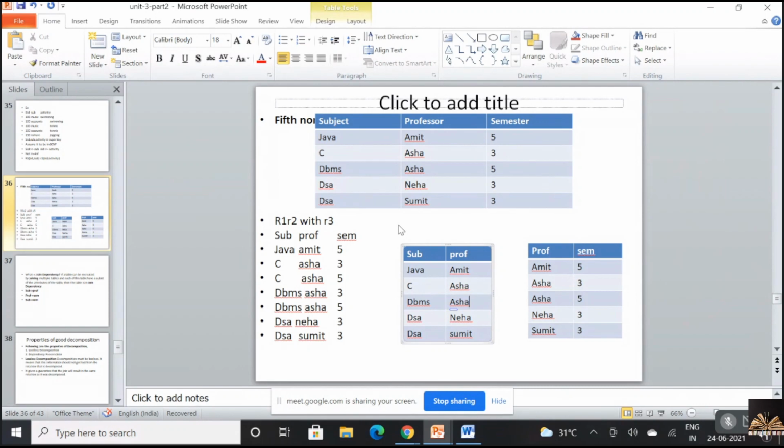If you're not able to decompose the relation, then that would be in your 5NF. So 5NF is, it cannot be further decomposed. You have to make the table into as small tables as possible. That is the only concept in your 5NF. Try to remember that.